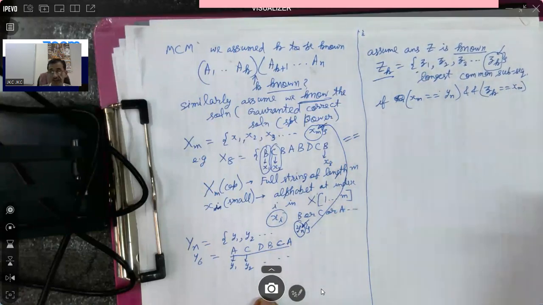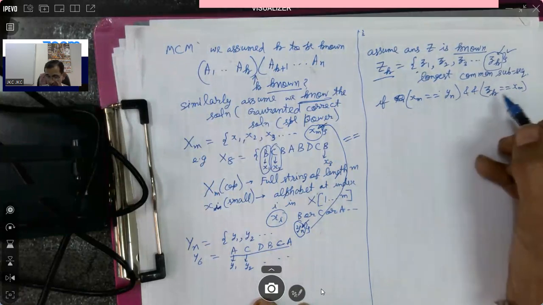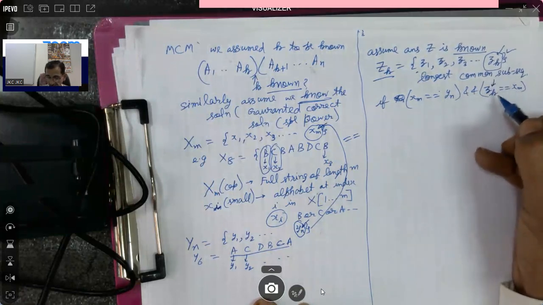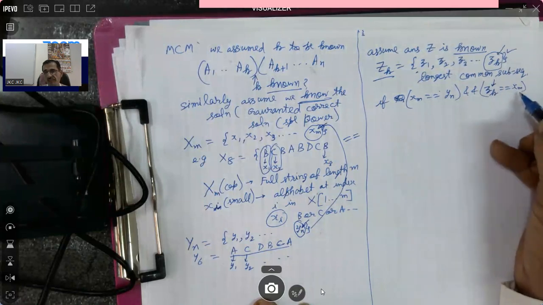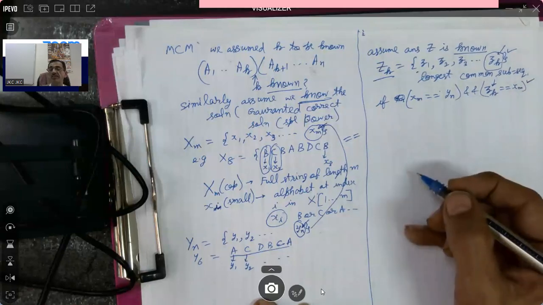If not, this character must be in the answer set. So if this is the best answer, it is guaranteed that if the last two characters were the same, my final answer will have the last character as the same alphabet or same biological base, DNA base. That means this is the correct situation.